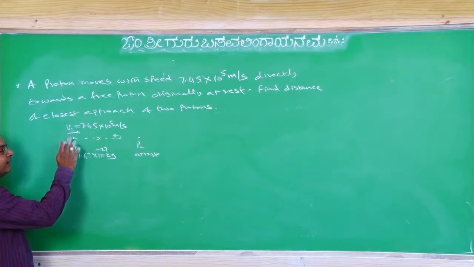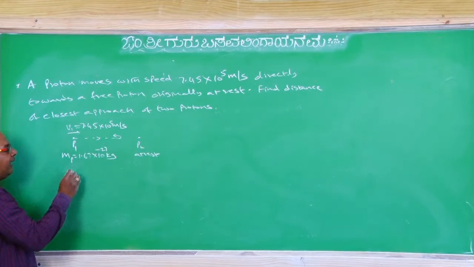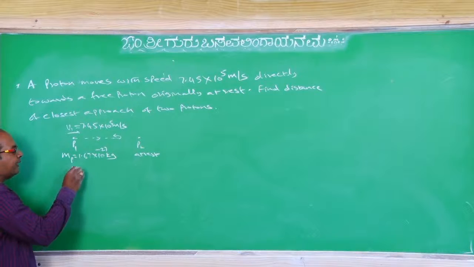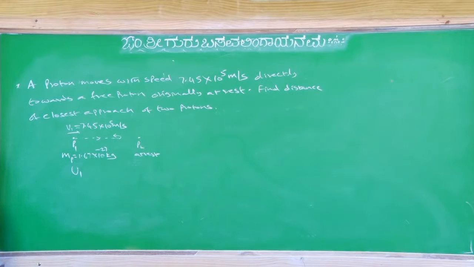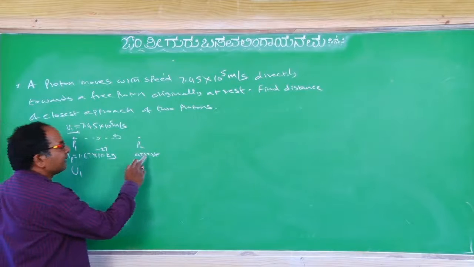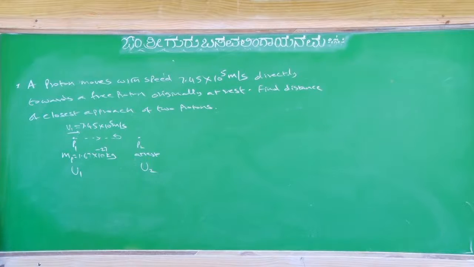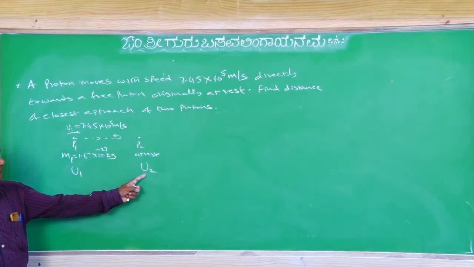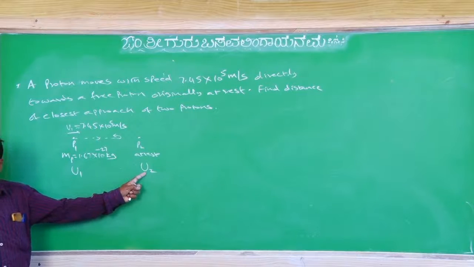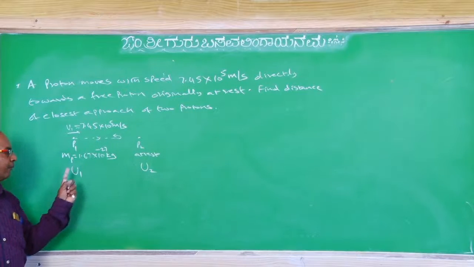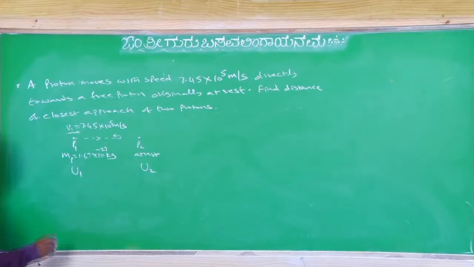So, here velocity is there, and distance is there. Which energy is acting? Potential energy. And here, at rest, only U2 is there, that is, only potential energy. Here potential energy and kinetic energy are there.